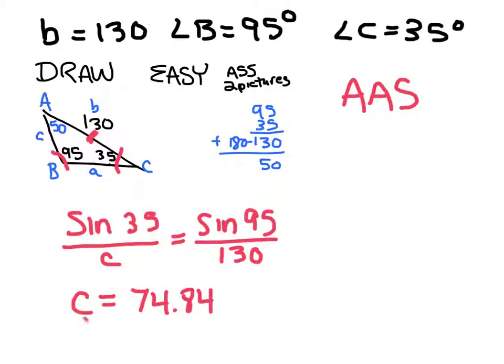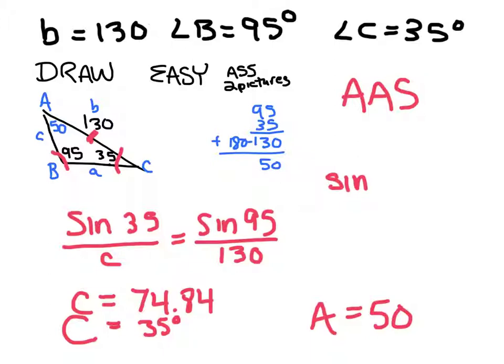And I have the angle C, the big C, is 35 degrees. So they gave me B and C, and I've got angle A, the big A, is 50. I need one more equation for side A. So sine of 50 over A equals sine of 95 over 130.